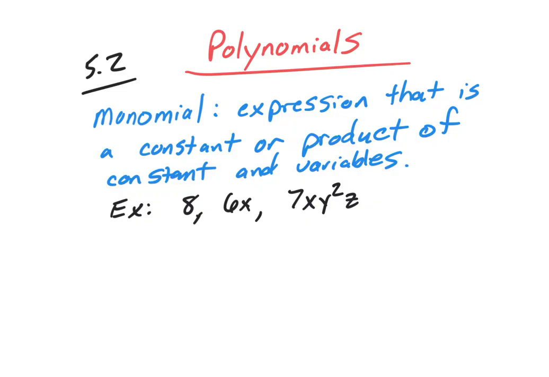It could even be a division like that, because this would be the same thing as 1/3 x squared. Those two are the same thing. This would probably be a little bit easier to write it like this. That's why we probably would prefer this. But it's still multiplication because we're multiplying 1/3 by x squared. So it's still a product because we're still multiplying. Just written a little bit differently is all. So those are all examples of monomials. The biggest thing there is you can't have any plus or minus signs. No addition, no subtraction if we have a monomial.